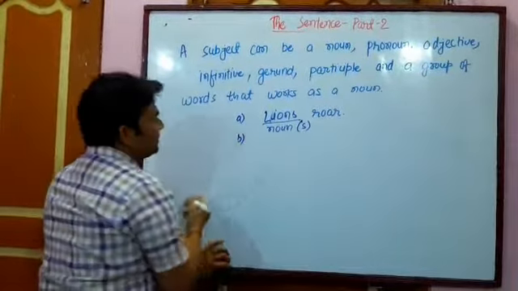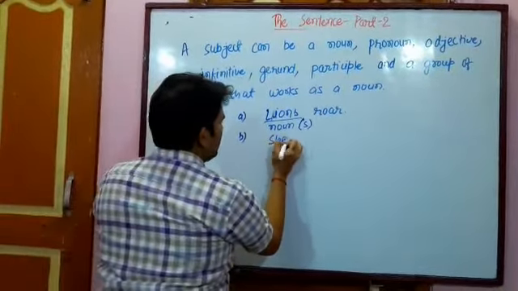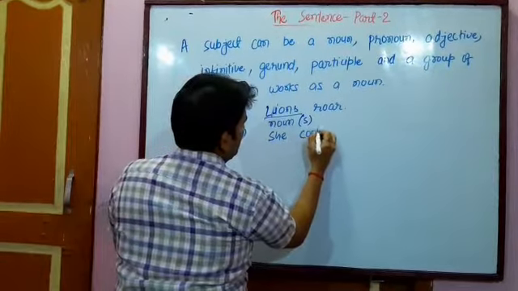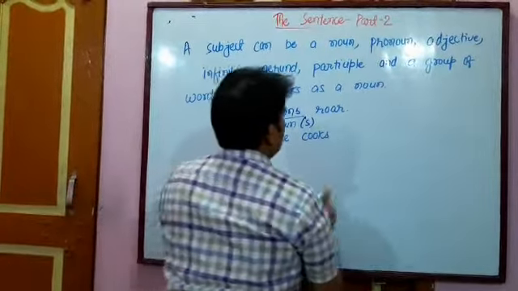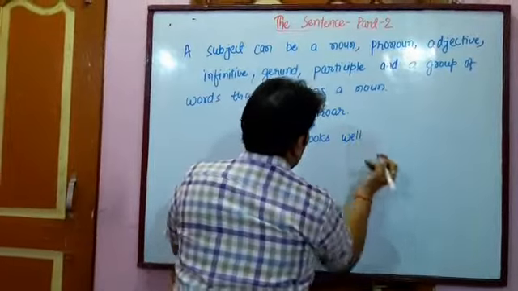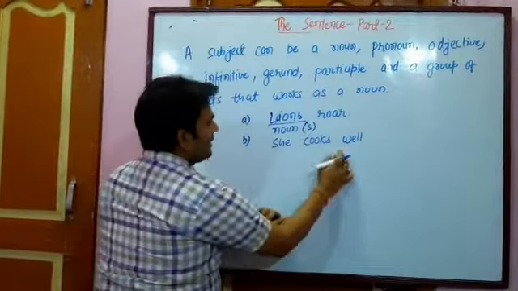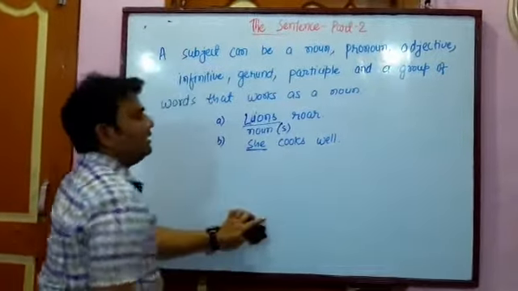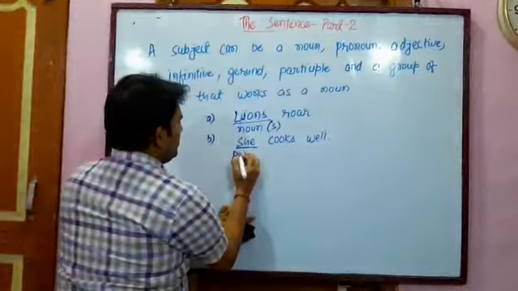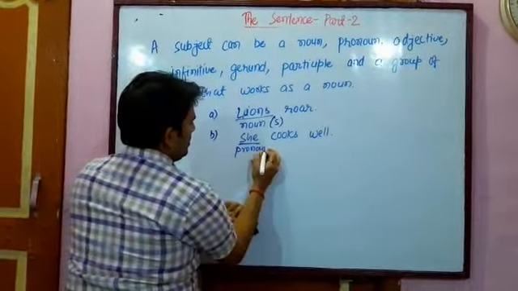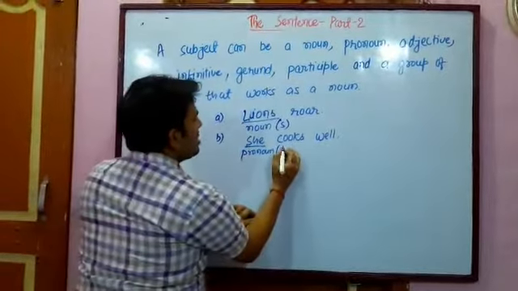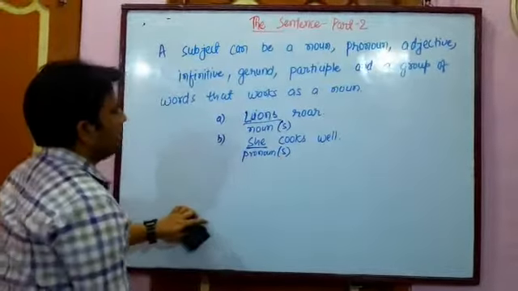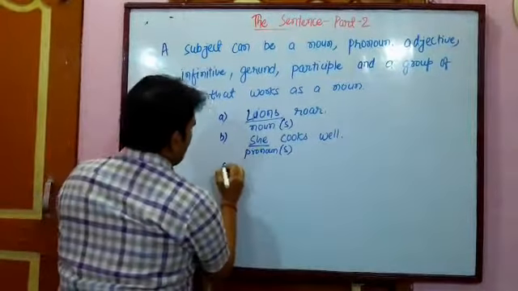In the second sentence: She cooks well. In this sentence, the word she is a pronoun that acts as a subject. So the subject is a pronoun.